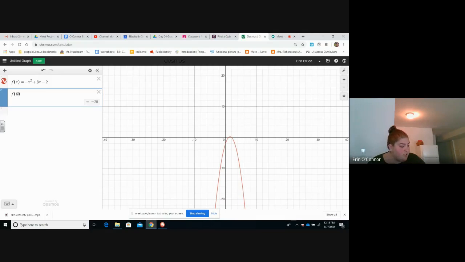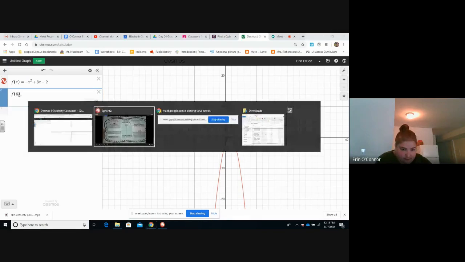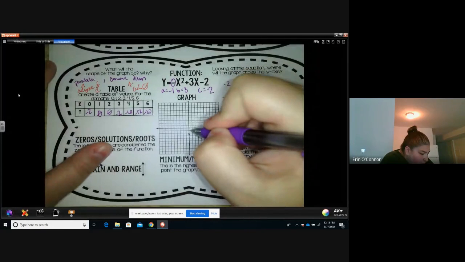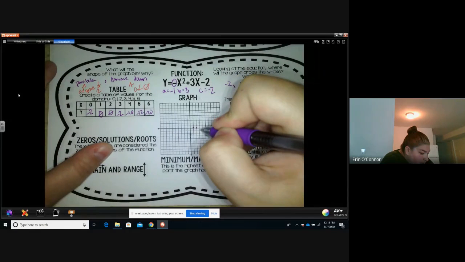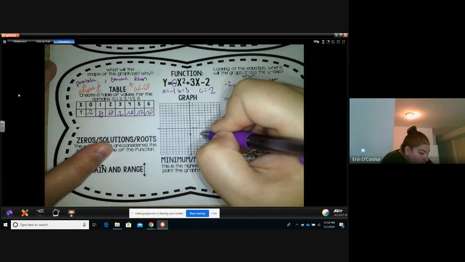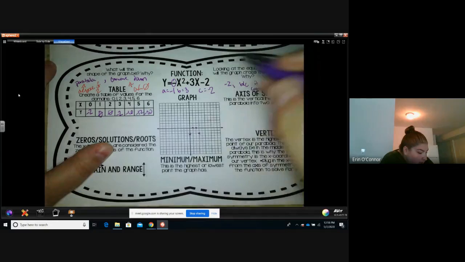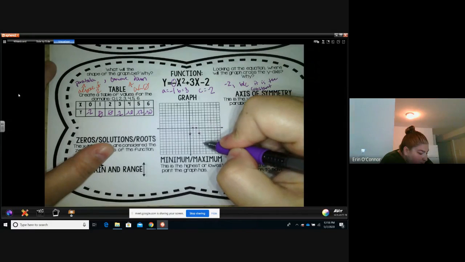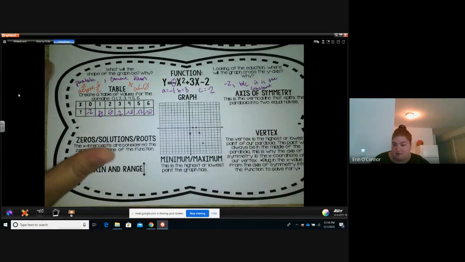Okay, what are the zeros, solutions, roots? Let's graph what we have, and then we'll figure that out. So we have 0, -2, 1, 0, 2, 0, 3, -2, 4, -6, 5, -12 will not fit on here.